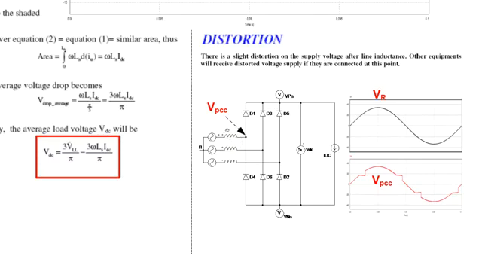From that point of common coupling, you have load 1 as your rectifier, and load 2 can be another load, such as your PC or your laptop. Because of the rectifier and the source inductance, we see that the VPCC, the voltage at the point of common coupling, is being distorted.